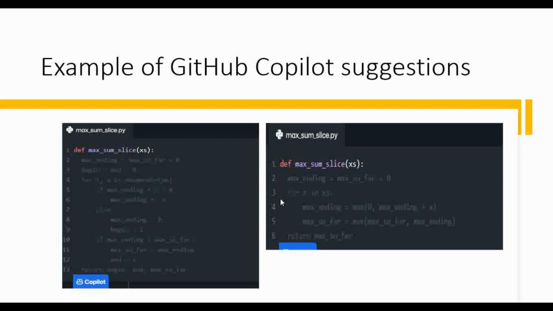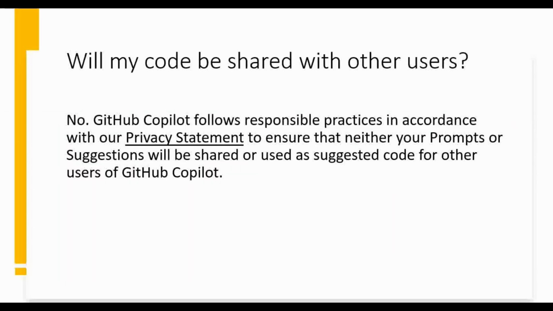So this is how GitHub Copilot works. I will show more examples in the coming videos, right? This is just an introduction session in which you will get a basic idea about what GitHub Copilot is and how useful it is to write code and to speed up your development process, right?